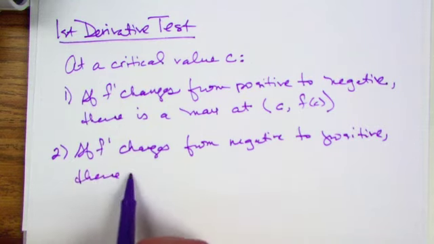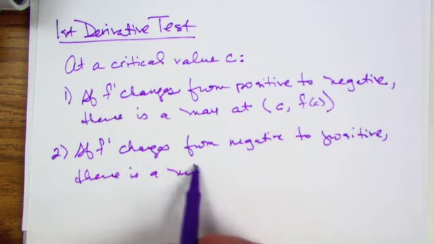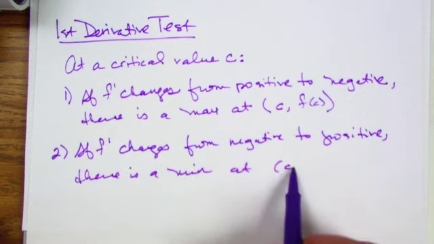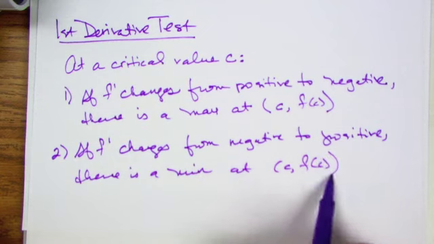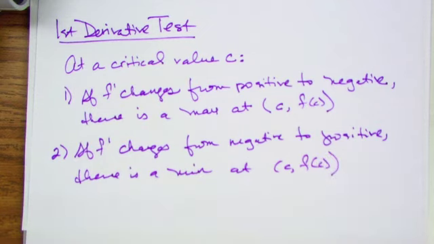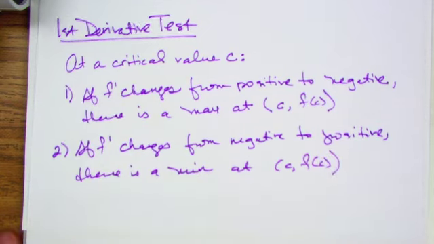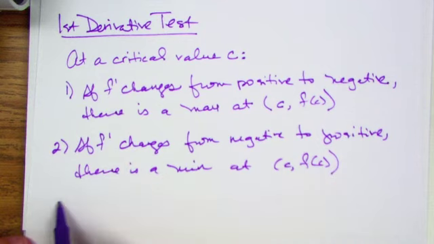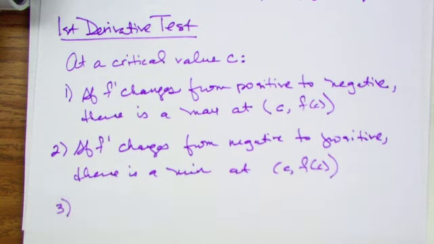Yep. There is a min at C, f of C. That's not any different from the other two units, right? No, we're just summarizing it in its actual test form, a little bit more formally.